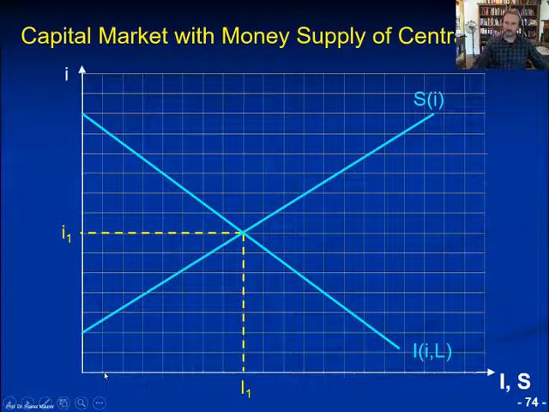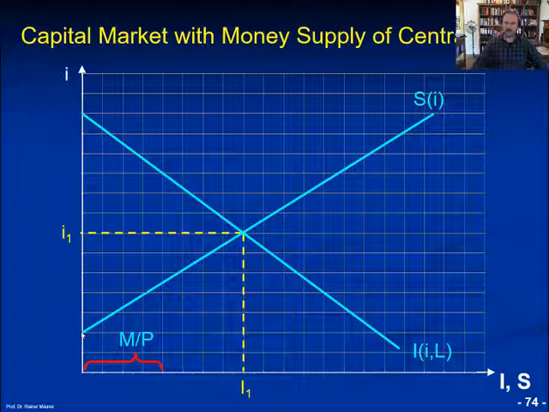So credit supply then starts here, 1, 2, 3, 4. In this point, until the interest rate reaches this level, there's no savings supply from households, so credit supply equals up to this level simply the real money supply of the central bank.